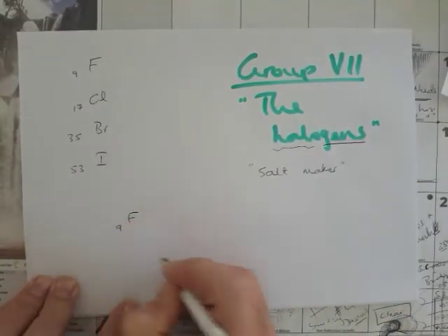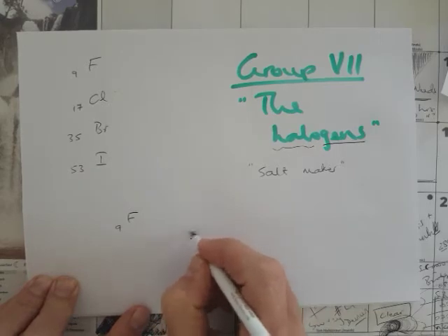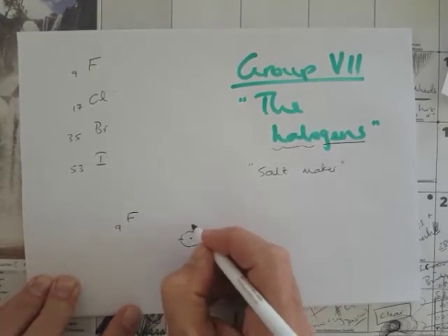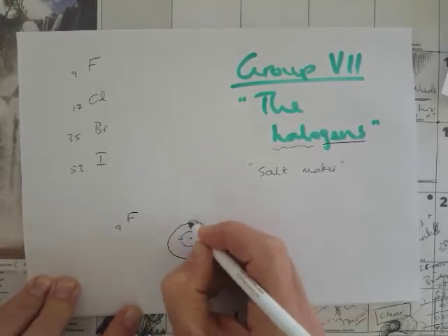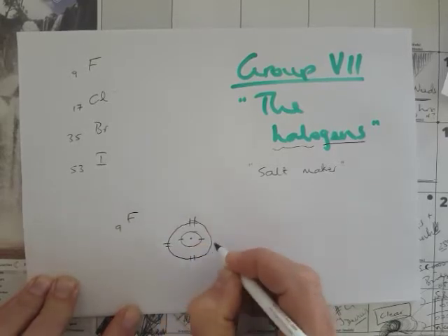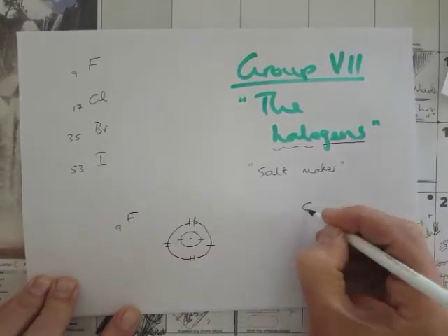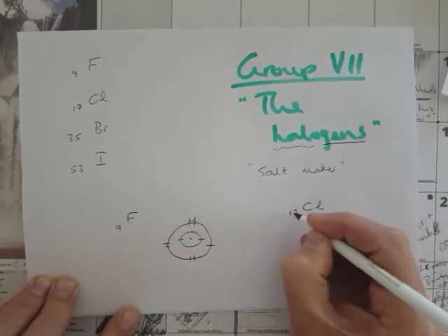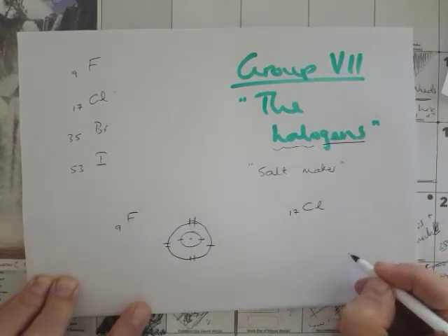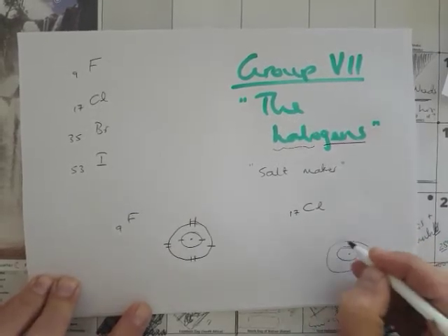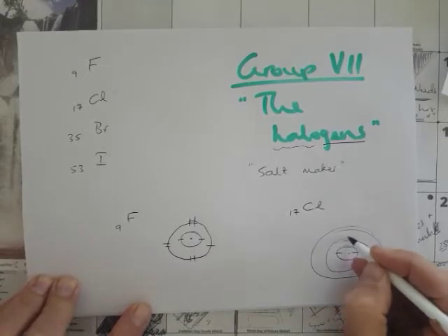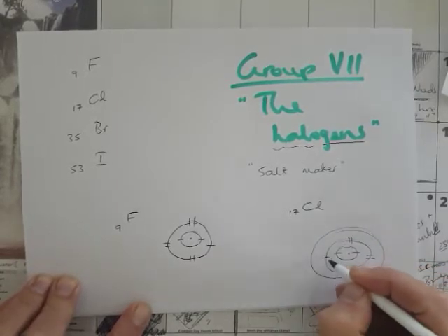Fluorine, atomic number 9, that means it has 2 and then 7. Chlorine, number 17, similar structure, but 1 extra shell. 2, 8, 7.